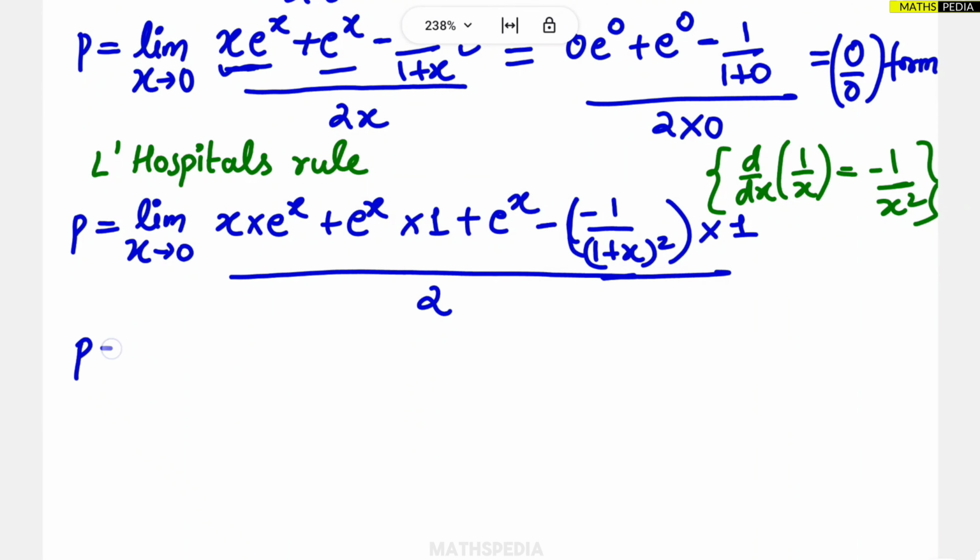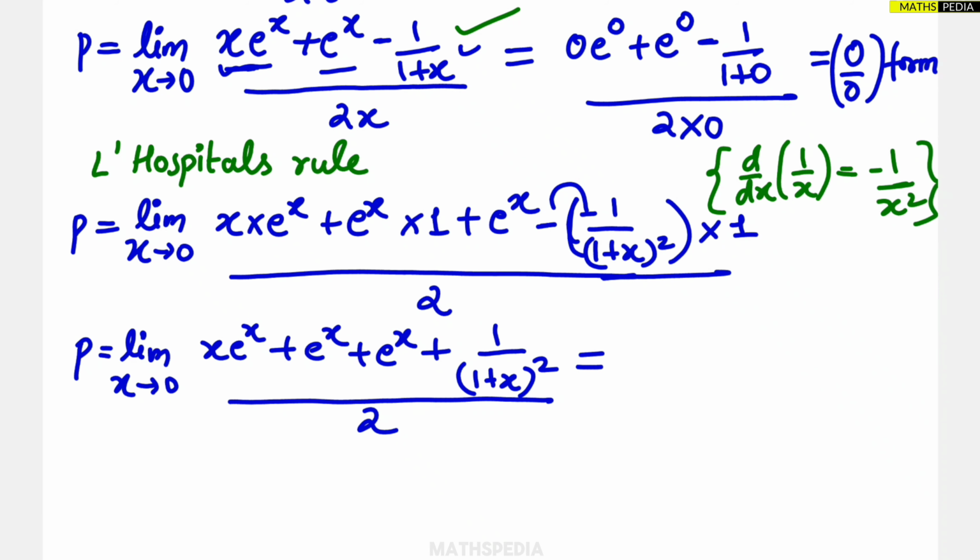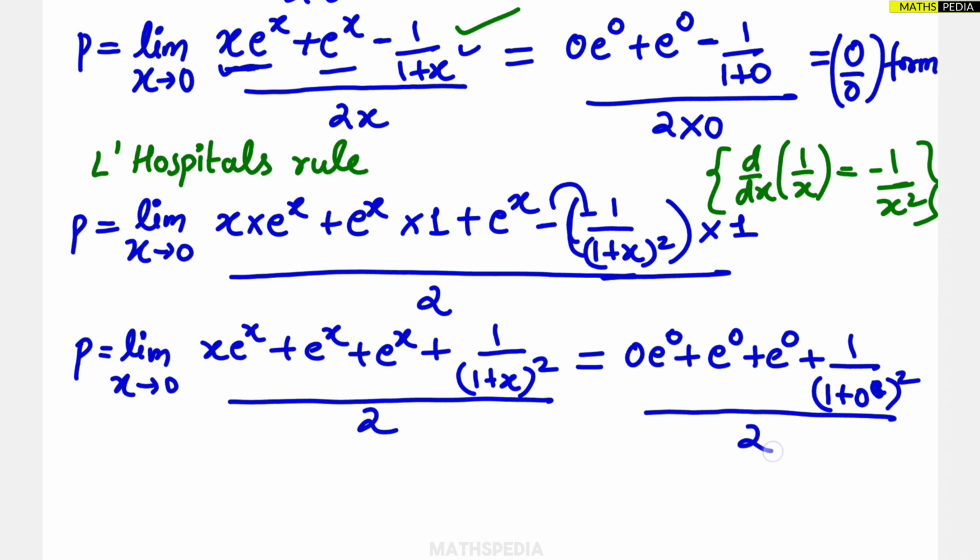Simplifying, limit x tends to 0 of x e power x plus e power x plus again e power x, plus, since minus into minus is plus, 1 by 1 plus x the whole square, divided by 2. Now we apply the limit: 0 into e power 0 plus e power 0 plus e power 0 plus 1 by 1 plus 0 the whole square, whole divided by 2.